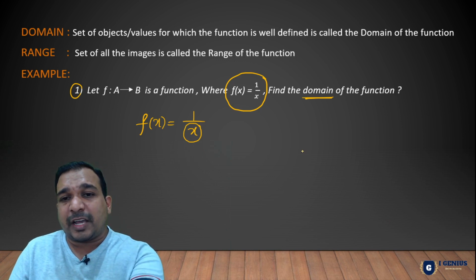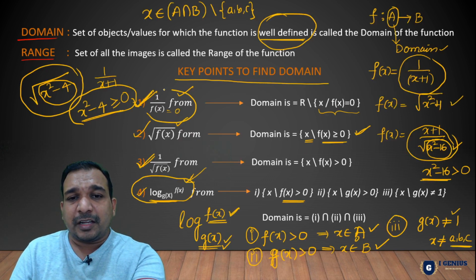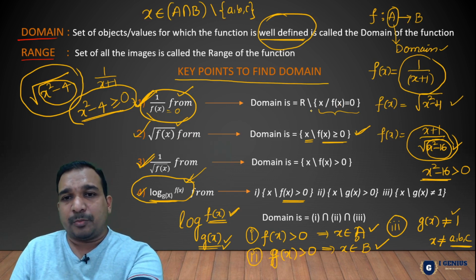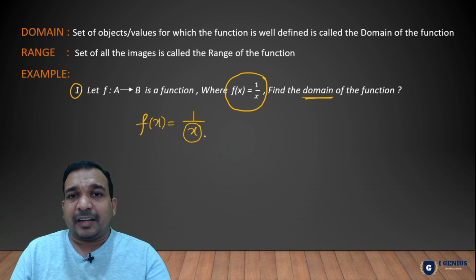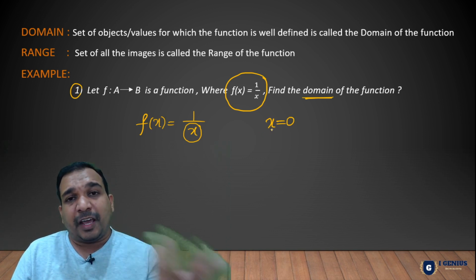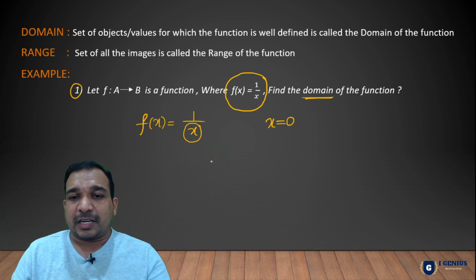That's what I told you now, guys. The denominator should not be 0. Where it becomes 0, those x values must be removed from all the real numbers. So here, the denominator becomes 0 at x equal to 0. If I take x as 0, the denominator becomes 0. So I have to remove 0 from all the real numbers. So what is the domain of the function?